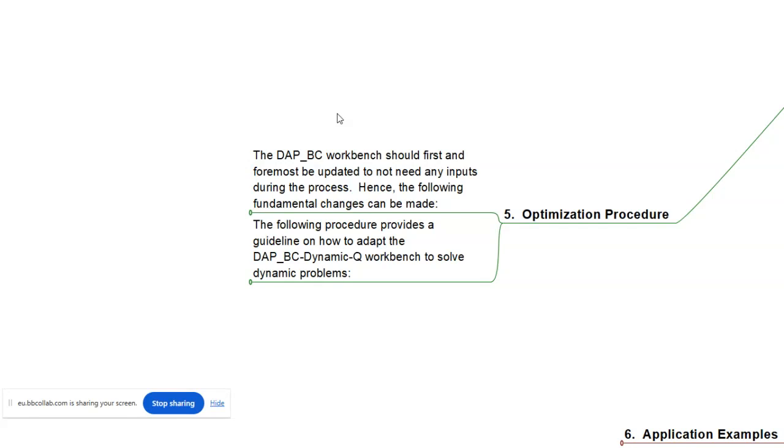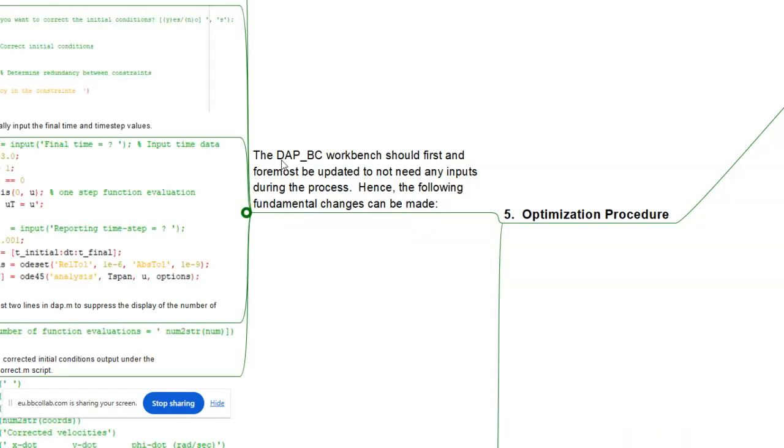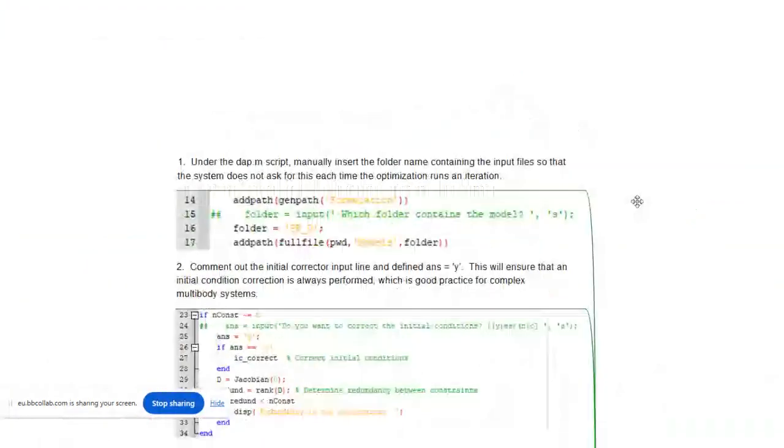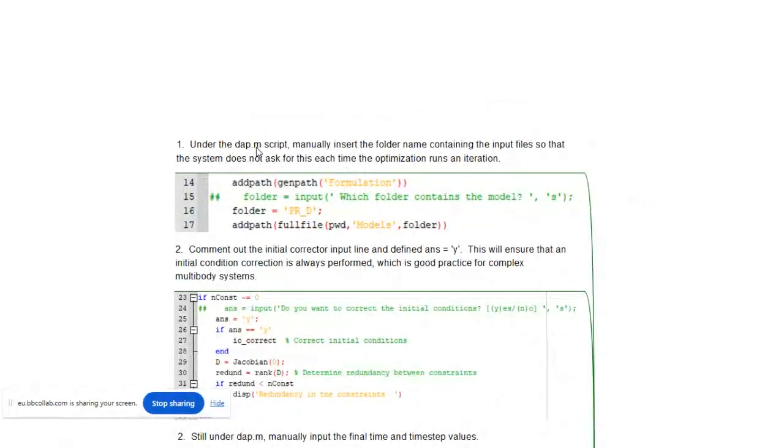Now to do this, we jump into step 1. And it says over here that firstly, under the dap.m script, we need to manually insert the folder name containing the input files, so that the system does not ask for this each time the optimization runs an iteration. So if we look at the dap.m file, you'll notice in line 15, we have that folder equal to input, and then it asks us which folder contains the model.